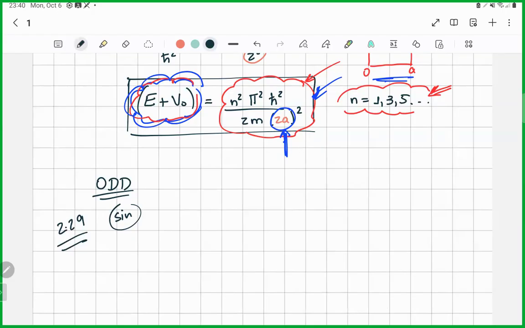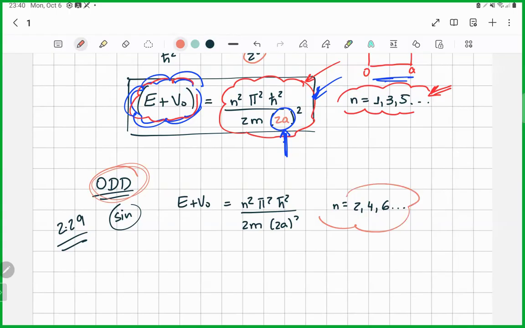So the odd solutions will give us the same scenario when the well is very, very deep, the same solution, but now for the odd case, n will be 2, 4, 6, and so on. For the even solution that we played with here, we get the odd n's.